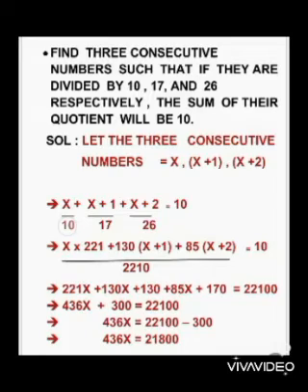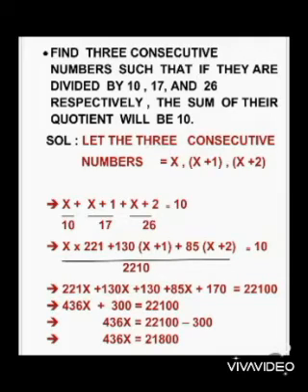Now let us simplify this one. 10 times 221 is 2210, into numerator x, plus 17 times 130 is 2210, into numerator x plus 1, plus 26, how many times will it go? 26 times 85 is 2210, into numerator x plus 2, which is equal to 10.